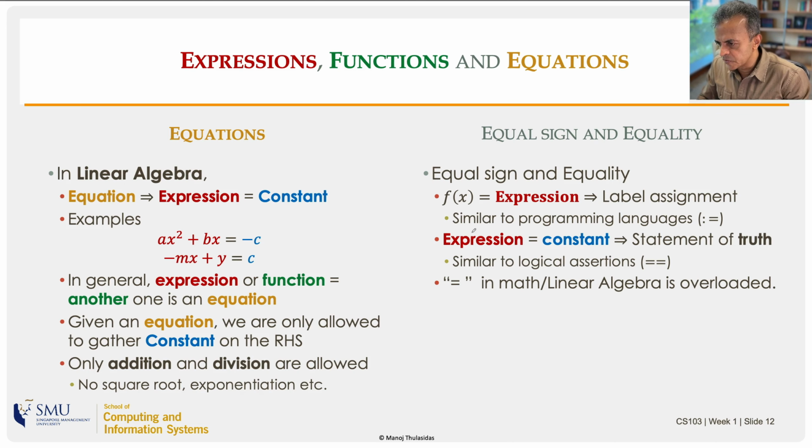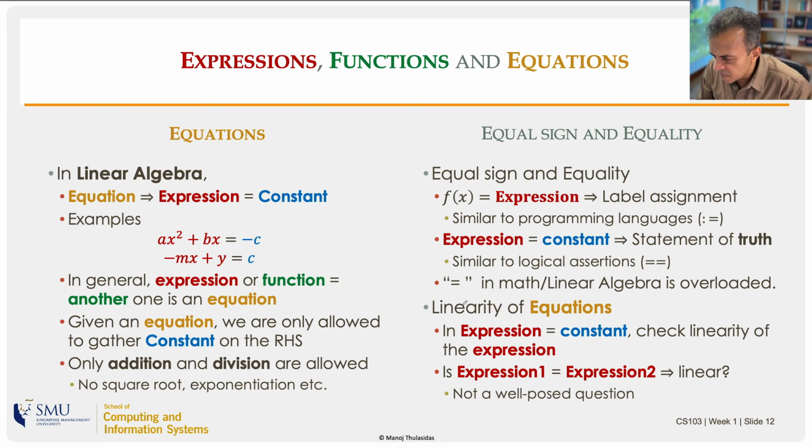It's a statement of truth. So it's kind of like a logical assertion in a programming language or a conditional statement where you have equal. So the thing to understand is that in mathematics, the single equal sign is actually overloaded. It has multiple meanings depending on the context. So it's something to keep in mind.